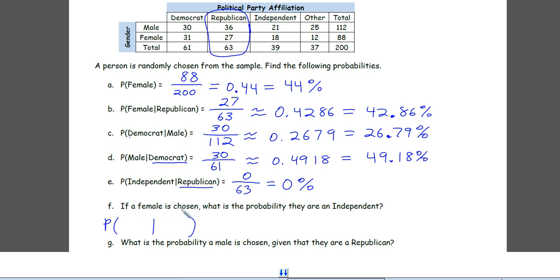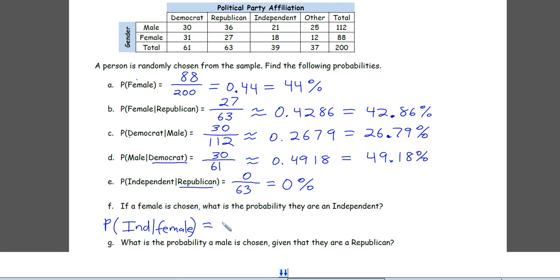It says that if a female is chosen, so we're given that we know the person's female. So this will be female. What is the probability they are an independent? So notice it says probability they are an independent. That's the probability we're trying to find under this condition that we know the person's a female. And after that, we just work it out.